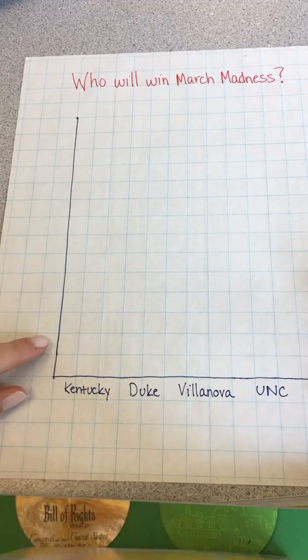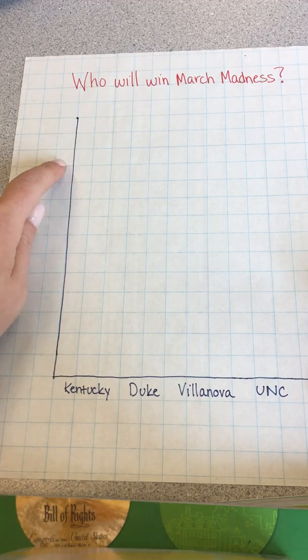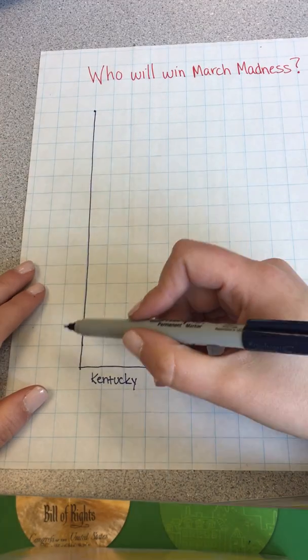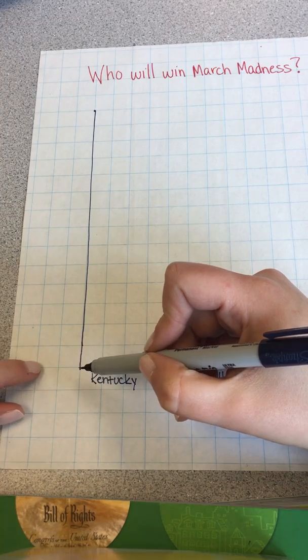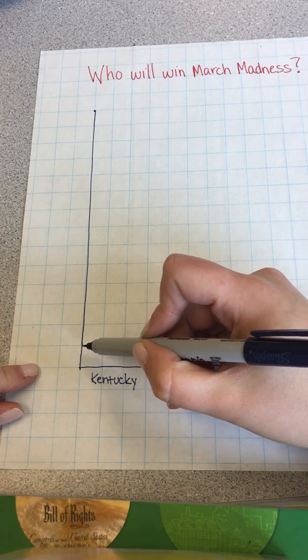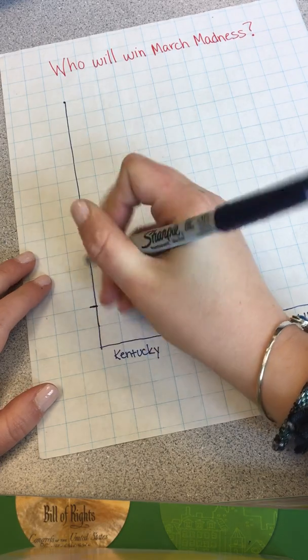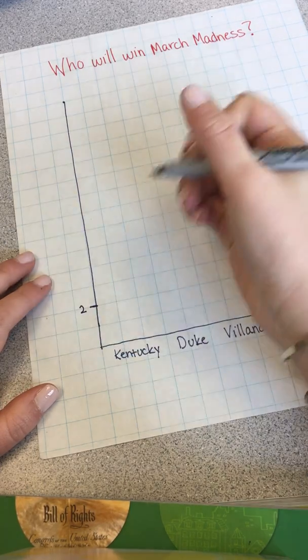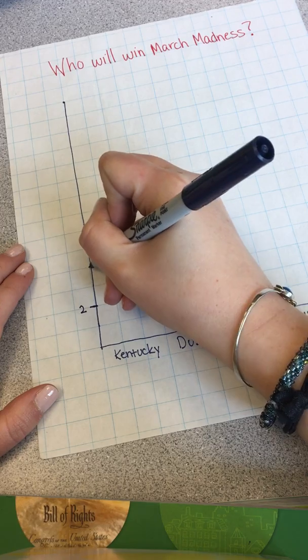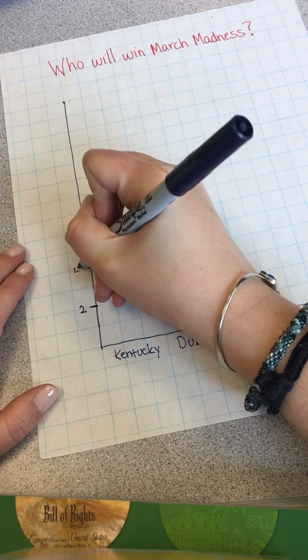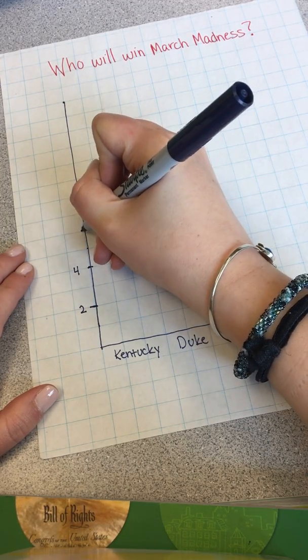Again, with the graph paper, this is a great chance to just use the lines to help you mark and keep your scale equal. So I'm going to start by counting up 2 horizontal lines. So I have 1 and 2, and you're going to make a little mark and then label it 2. Then I'm going to count up 3, 4, and then 1, 2.